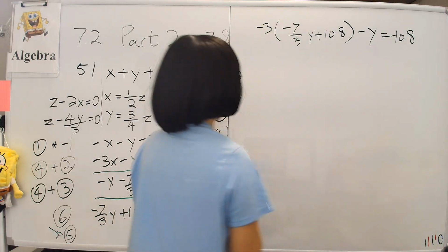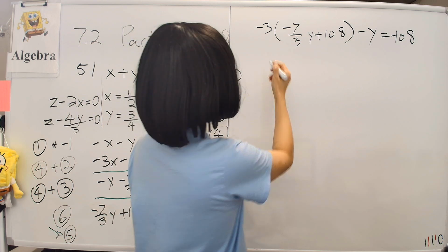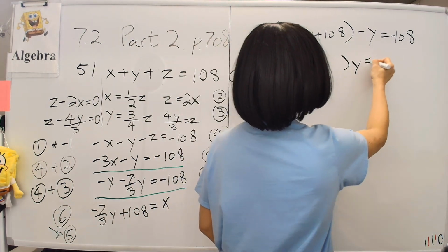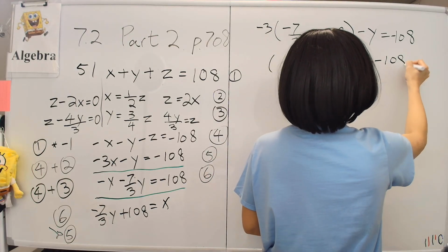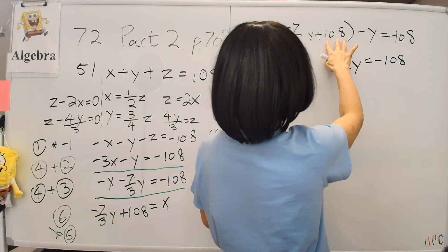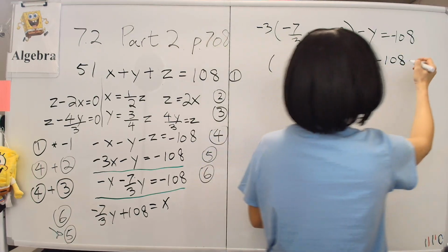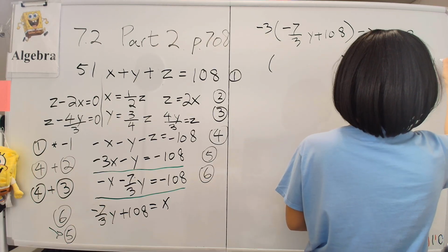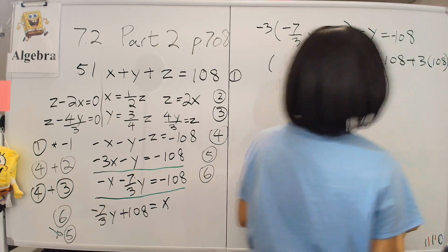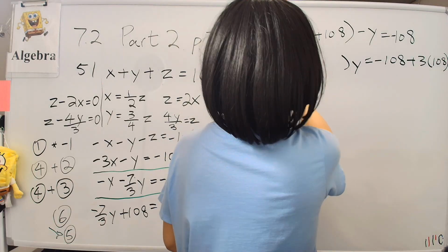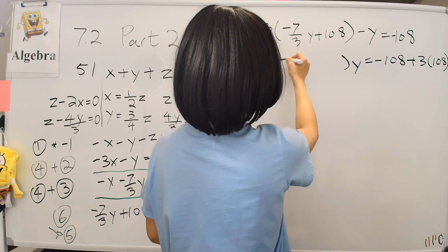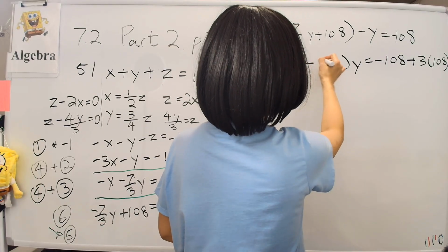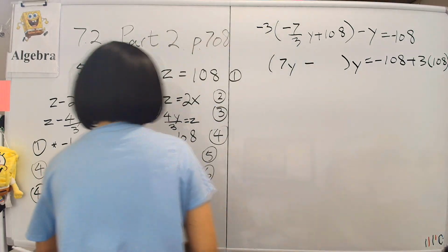Now with that, let's round something up. So the coefficient of y times y equals minus 108, and then minus 3 times 108 moved to the other side becomes plus 3 times 108. And what's in here is this times this is 7, because the negative 3 cancels out, so it's positive, and then minus 1. Sorry, not 7y, just 7, because the y is out here.